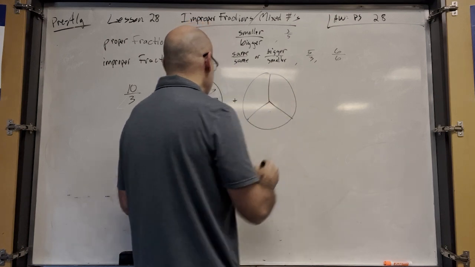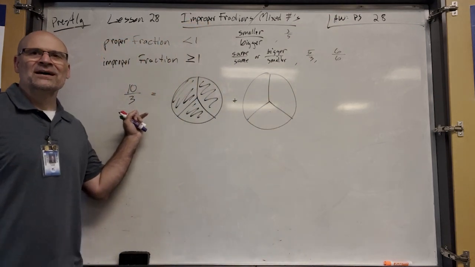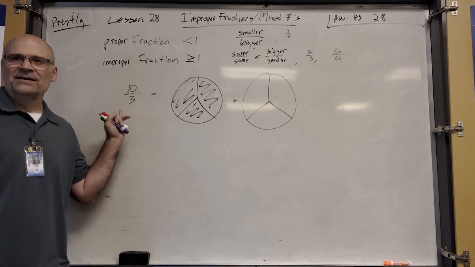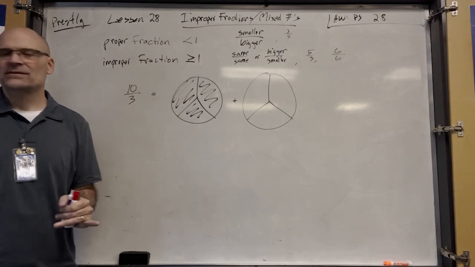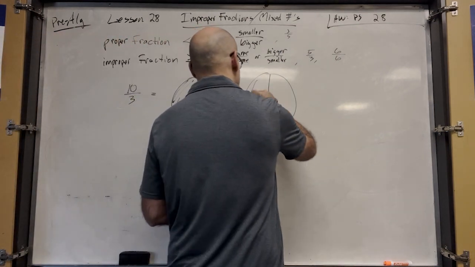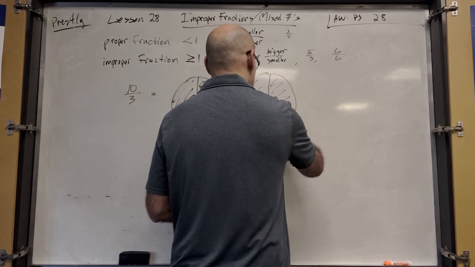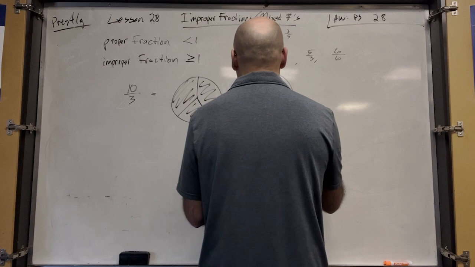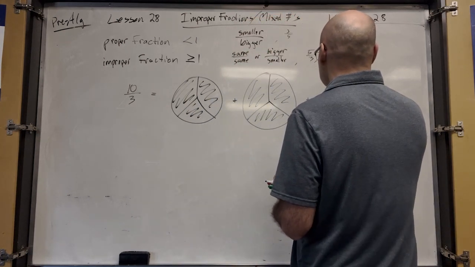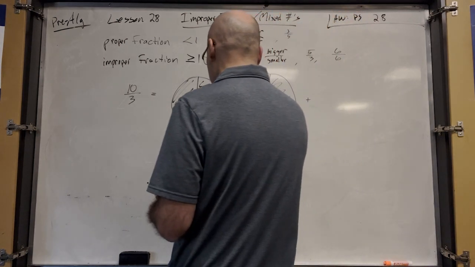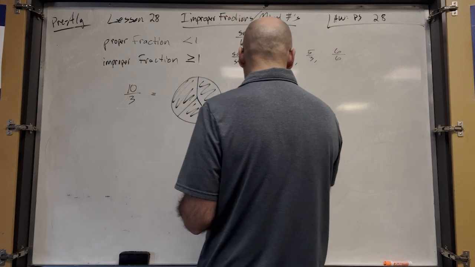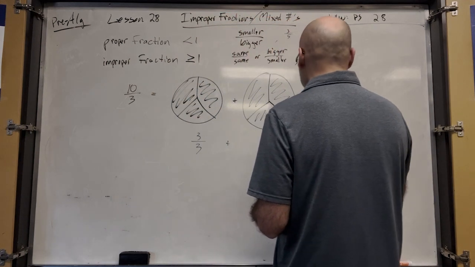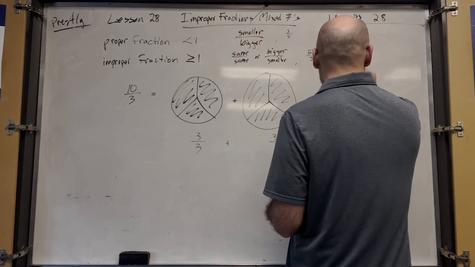Yeah. So you're basically wanting to know how many full pizzas are in 10/3. Okay. So what do you do to figure that out? Well, how many thirds are in 10? How many full pieces? Okay, so we got 3/3 plus another 3/3 plus another 3/3.